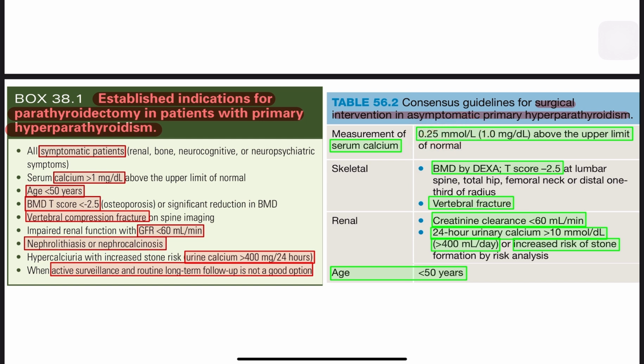Okay, and that BMD is the same, everything is almost the same. Here 24-hour urinary calcium is more than 10 millimole per day or more than 400 mg per day. Okay, here it is mentioned ml, I think it's wrongly mentioned, mg should be there. Okay, and increased risk of stone formation, and everything is the same.